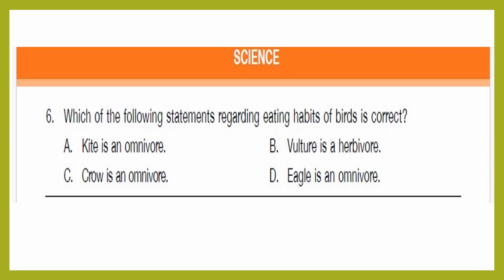Kite is a carnivore animal, so option A is incorrect. Vulture is also an omnivore. Option B is incorrect. Crow is an omnivore, so the answer is option C because it is correct. Eagle is a carnivore, so option D is incorrect.